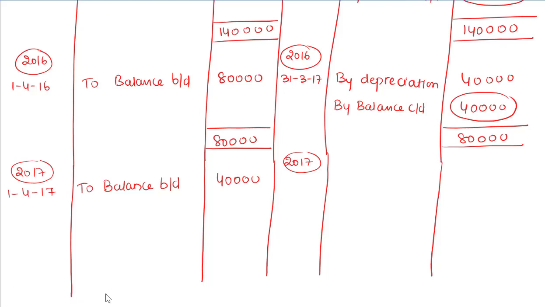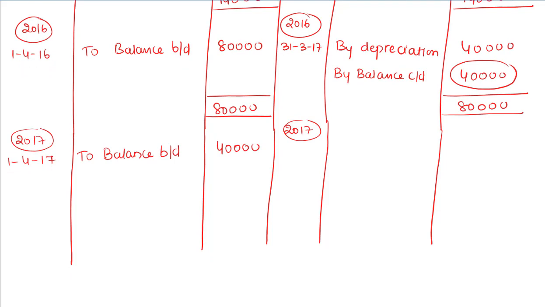Make the total over here 40,000. Transfer the total to the credit side, 40,000.